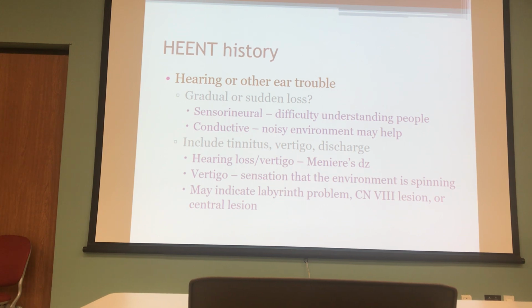Because with sensory neuronal hearing loss, it's gonna lateralize to the good ear. Okay? And then air conduction will be twice as long as bone conduction. With conductive hearing loss, it's gonna lateralize to the bad ear, and bone conduction is gonna be twice as long as air conduction. Does that make sense to everybody? Yes? Yes? Yes?